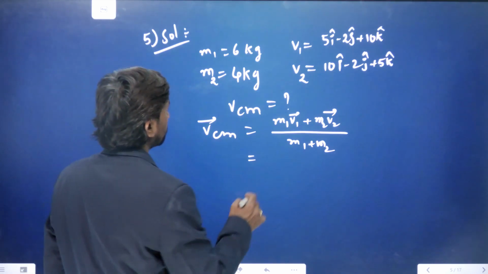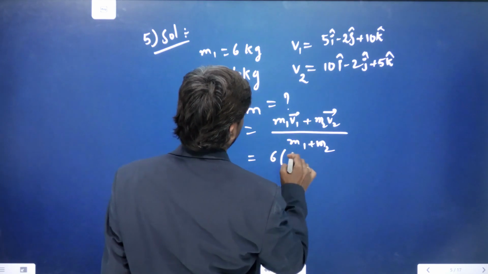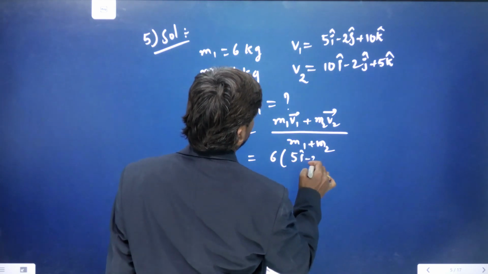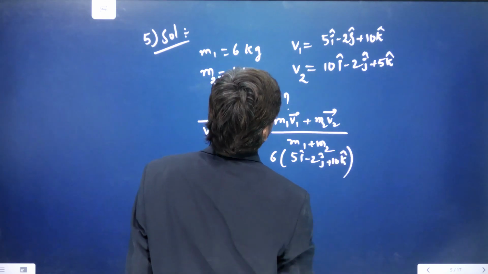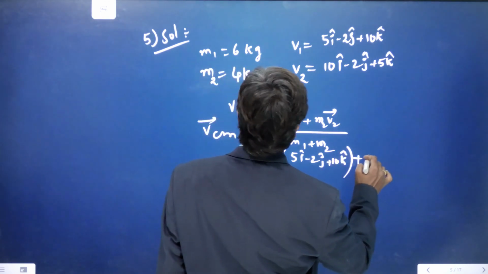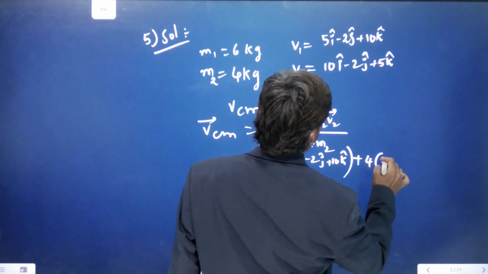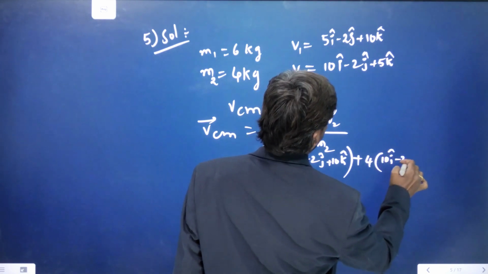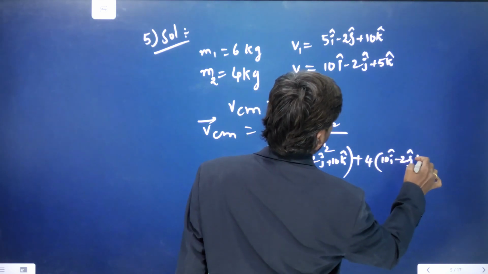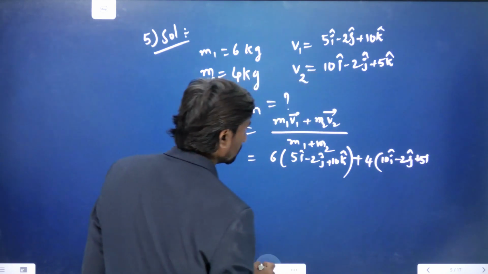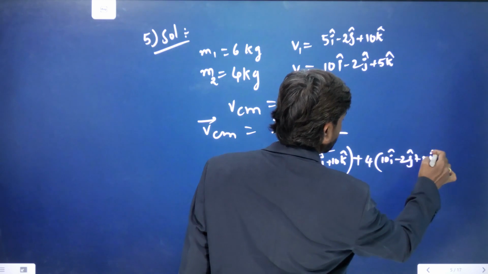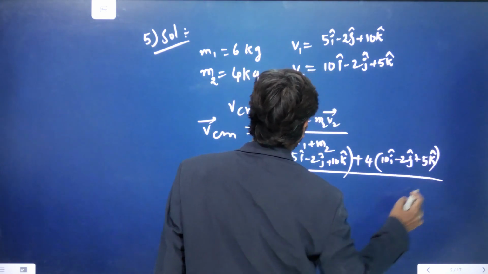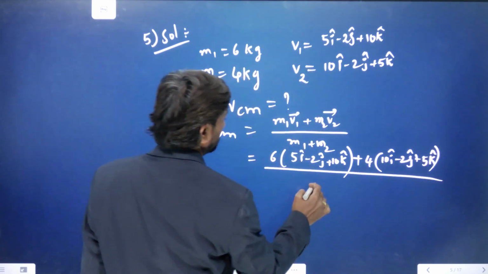So this is 6 into v1, which is 5 i cap minus 2 j cap plus 10 k cap, plus 4 into 10 i cap minus 2 j cap plus 5 k cap, whole divided by m1 plus m2. m1 plus m2 is how much there? 10.